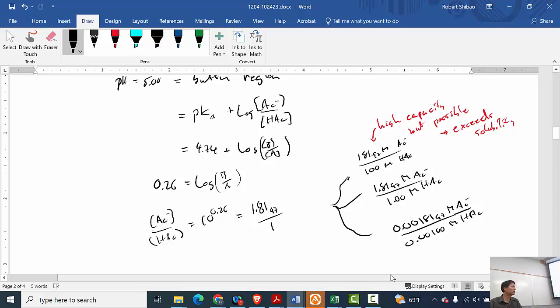This is really dilute, so it's not going to be a very good buffer. This is what we call increasing buffer capacity. Increasing buffer capacity is better, but it's going to be more expensive because you have more ingredients in there.